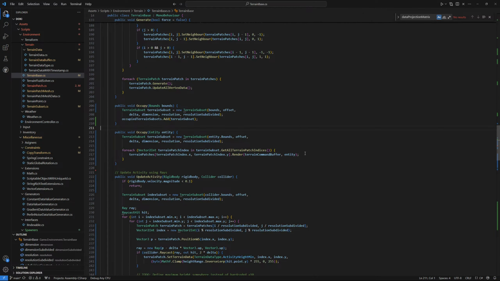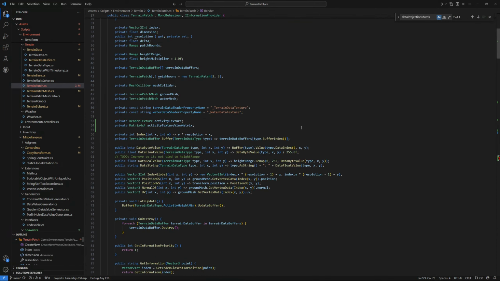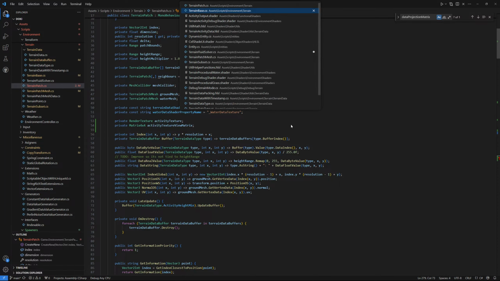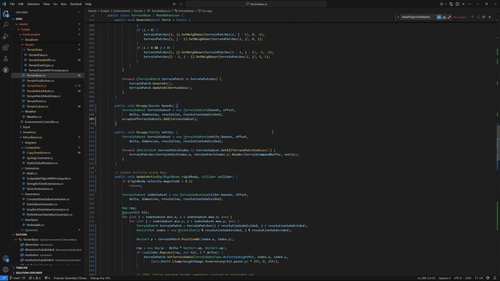And I don't know if I want to keep that here or if I want to keep it here. So in terrain base we could have, I don't know what's best.